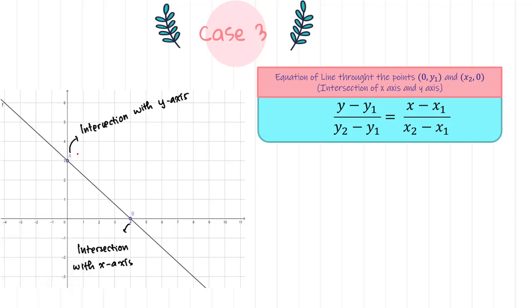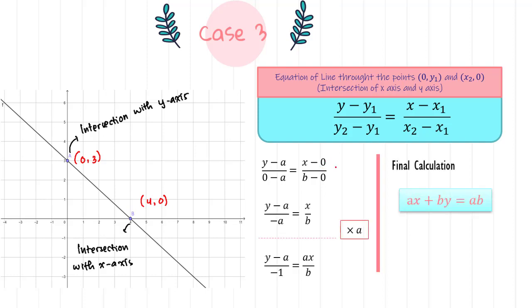So the point A has the coordinate (0, 3) and B has the coordinate (4, 0). After we expand the formula, we will find the new formula, which is ax + by = ab.